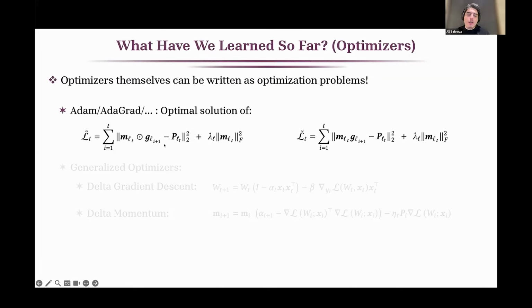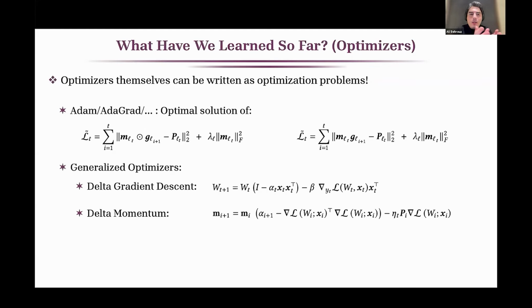They are trying to map the local information to a global representation of the objective landscape, predicting the global landscape based on only local information. And if we solve them to optimality, we come up with the Adam and AdaGrad optimizers. All these things are just findings.